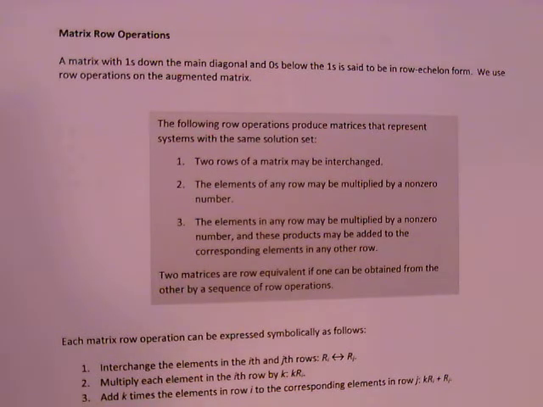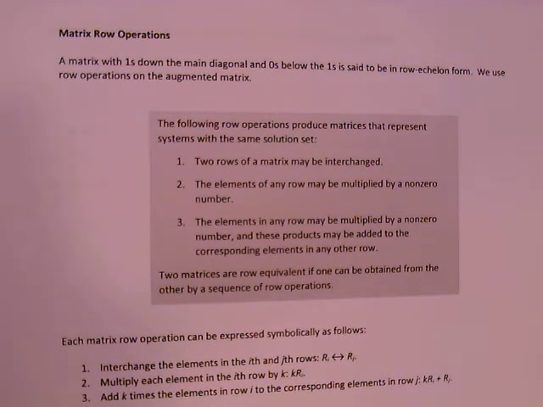The following row operations produce matrices that represent systems with the same solution set. Number one: two rows of a matrix may be interchanged. That means you can swap rows.